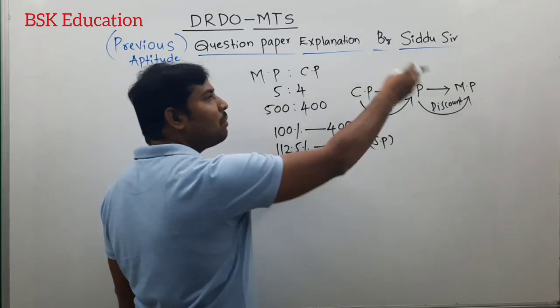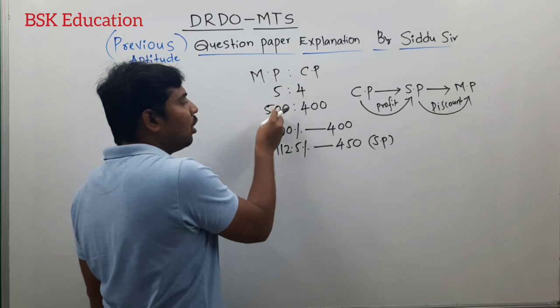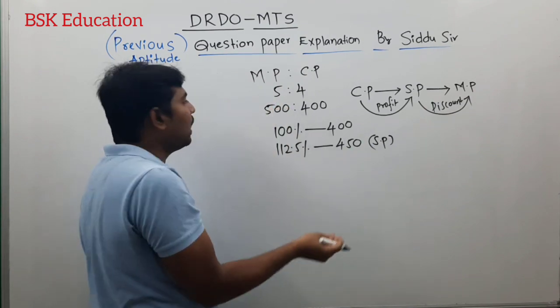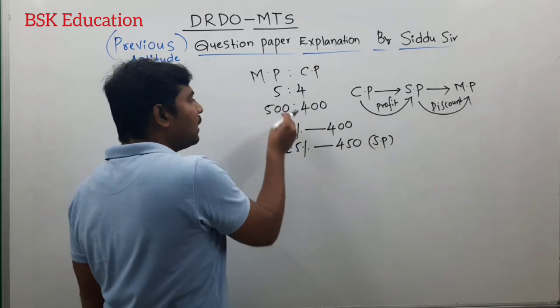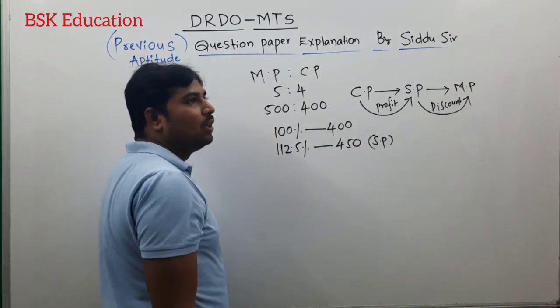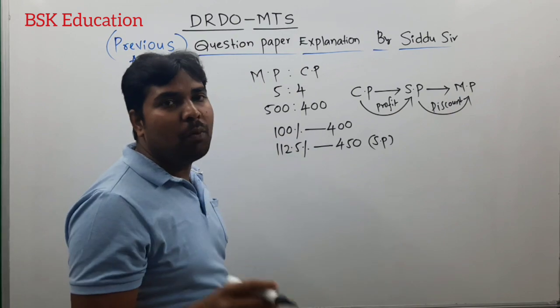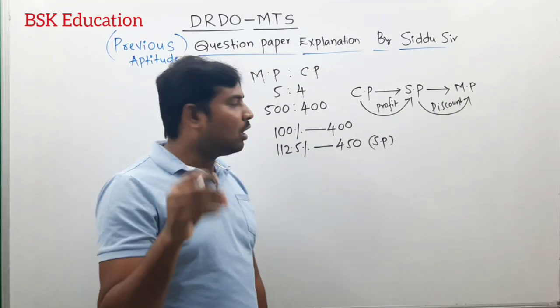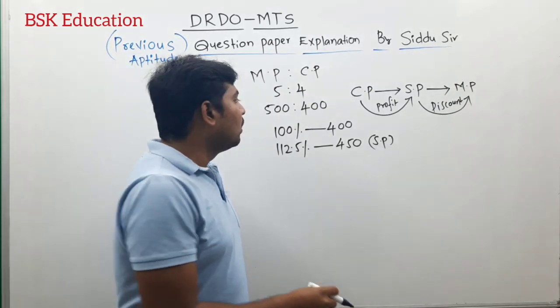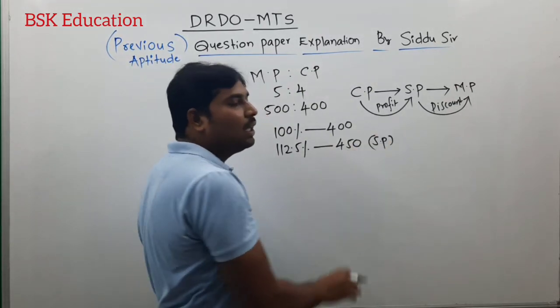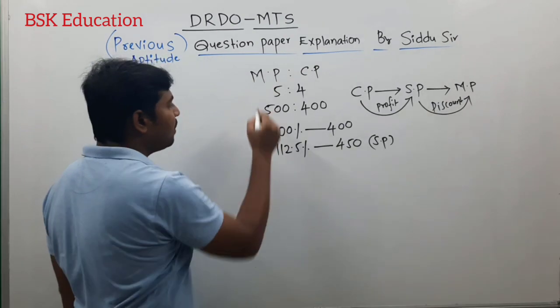So I want the market price. Market price is 500 rupees and the selling price is 450 rupees. What is the difference between the market price and selling price? How much percentage of discount is given on the market price so that the selling price is 450 rupees?